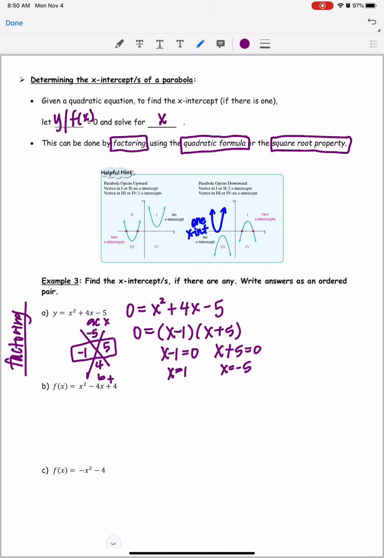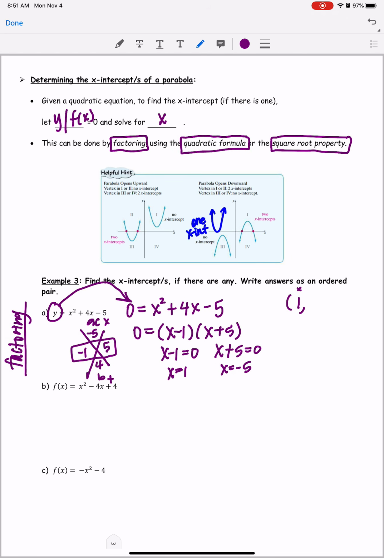Now I should have read these instructions before we even started, but it says find the x-intercepts, if there are any. Write your answers as ordered pairs. Because these are x-intercepts, and we have x equals 1, that means your x coordinate is 1. And what did we put in for y?